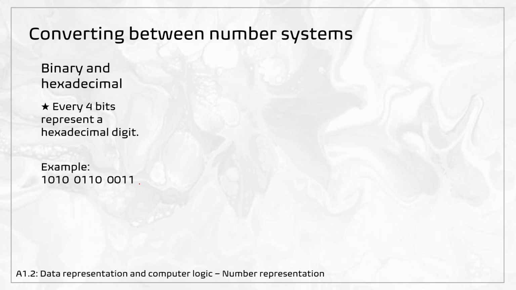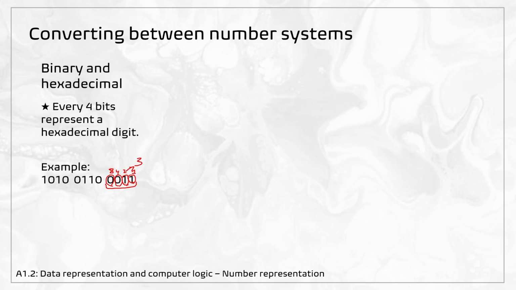So what we do is we start from the right and we work our way through each of the groups and find out which hexadecimal digit these groups of binary are representing. So this group is representing a 3 because this digit is 1, this digit is 2, this digit is 4, and this digit is 8.